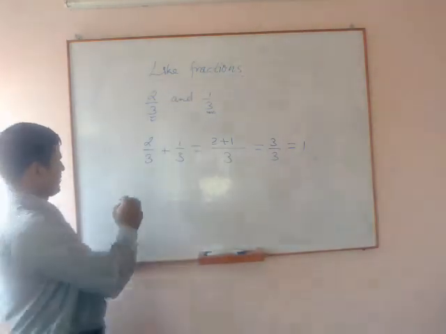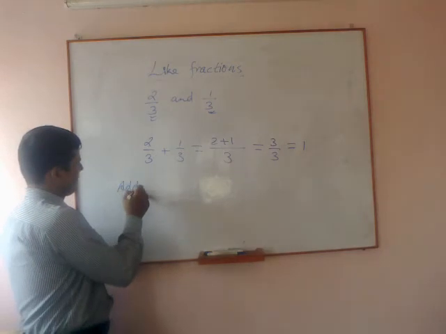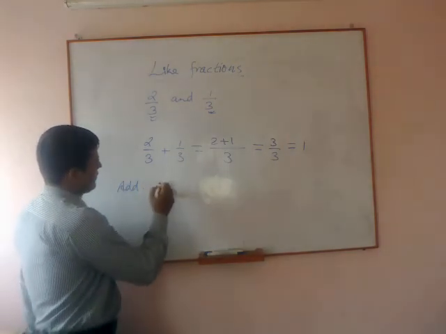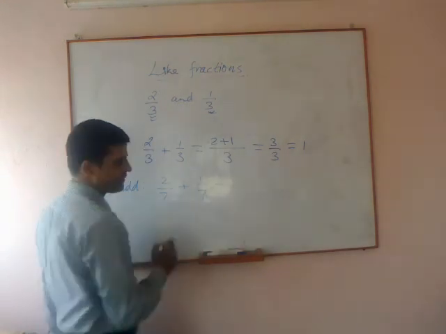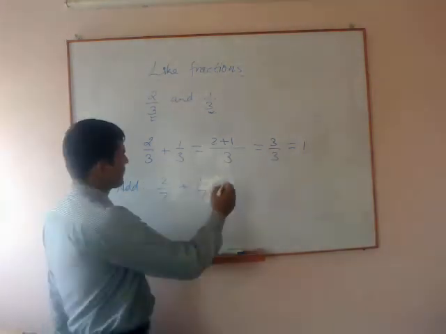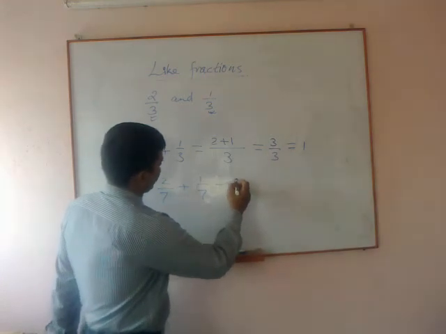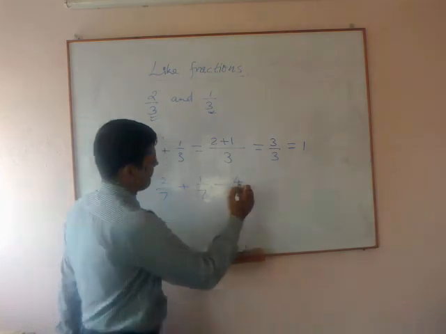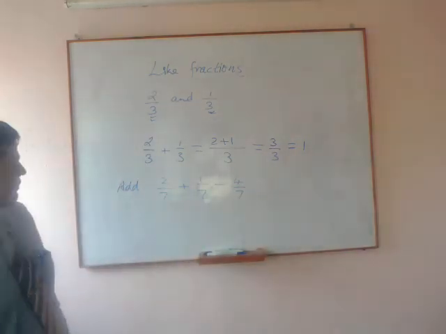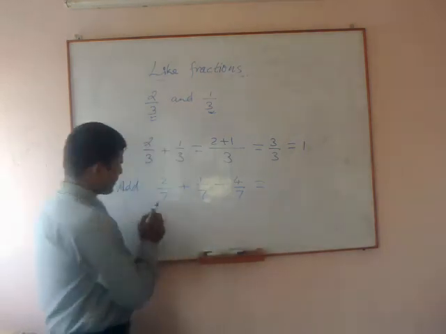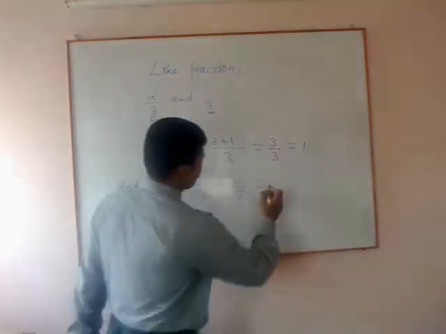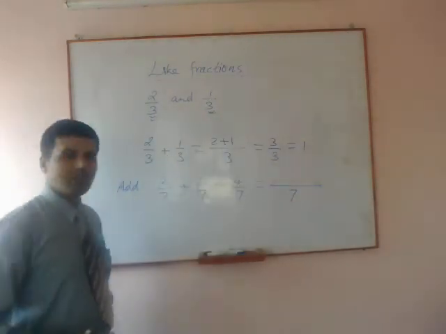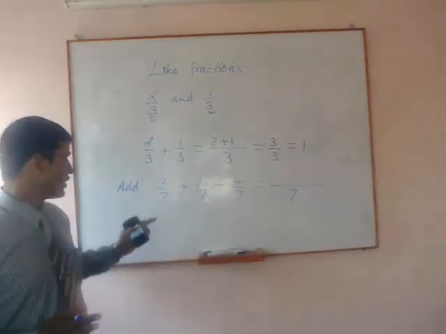Let's look at another example. Add 2 over 7 plus 1 over 7 minus 4 over 7. Here also the denominators are the same, so we keep the denominators the same and we just add or subtract the numerators.